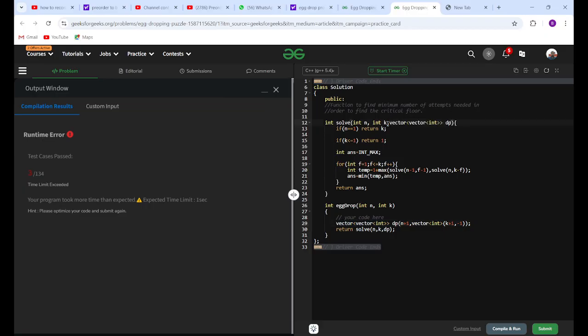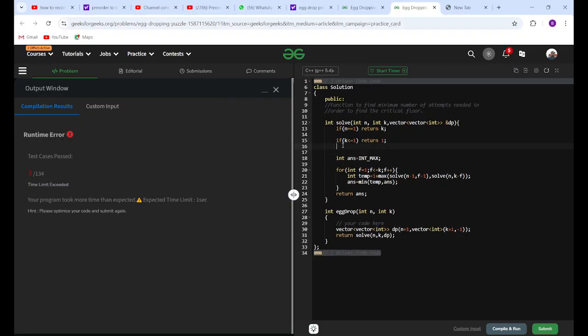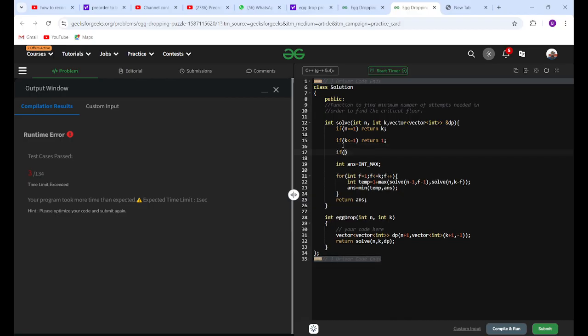Okay, now in the memoization approach, after the base ifs, we will take a condition here. If dp of n, k is not equal to minus 1, then we will return dp of n, k.